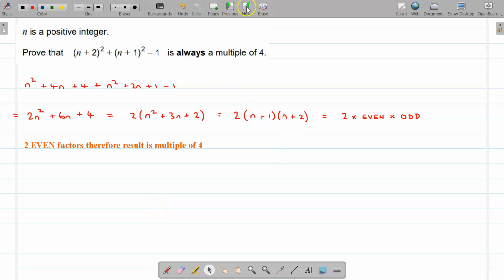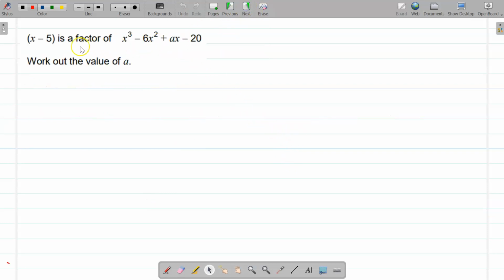Okay, next question. This is about using the factor theorem. Okay, so if we call this function here f of x, okay, then if x minus 5 is a factor of f of x, then f of 5 equals 0.